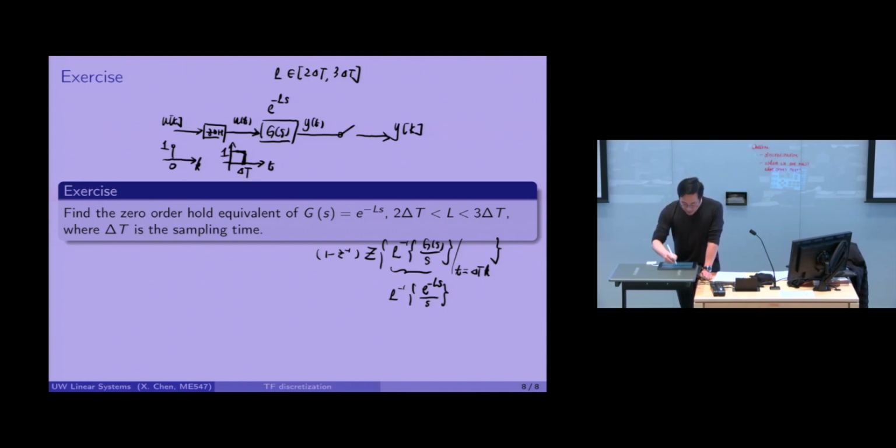And then after you pass this into a delay operation, what will y(t) become? It's nothing but this signal delayed by L.